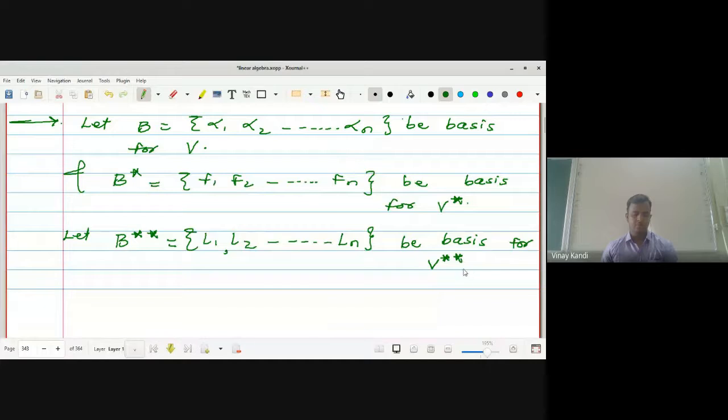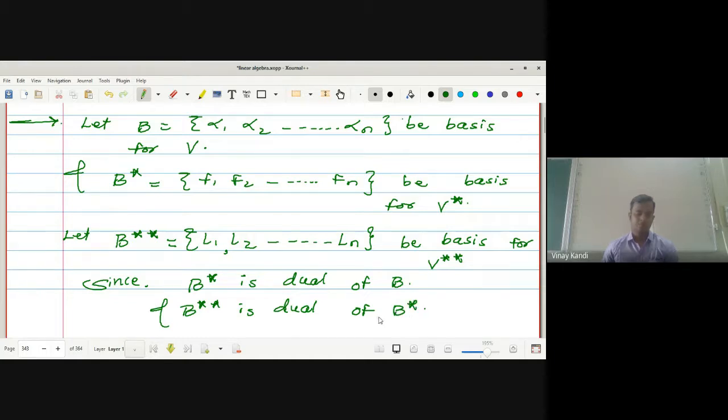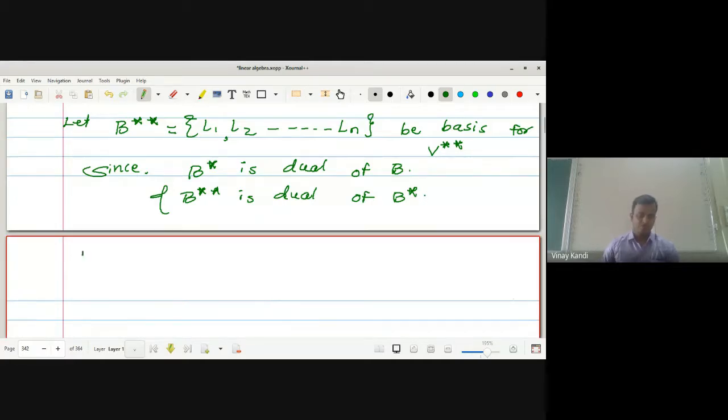Okay, since B star is the dual of B, and B double star is the dual basis of B star, or we can say that B double star is the double dual of B, then by the definition of dual, we have Fi of alpha j is equal to delta ij, and Li of fj is again delta ij.